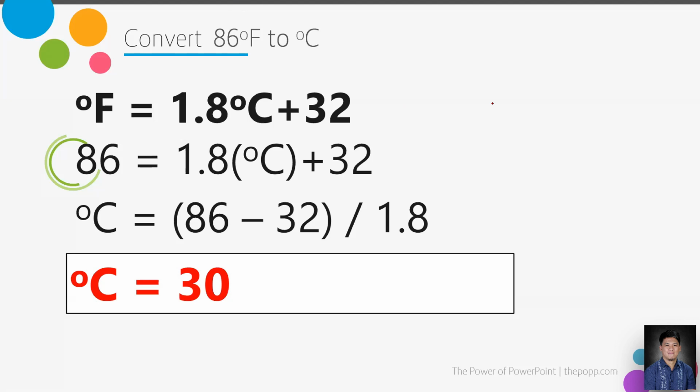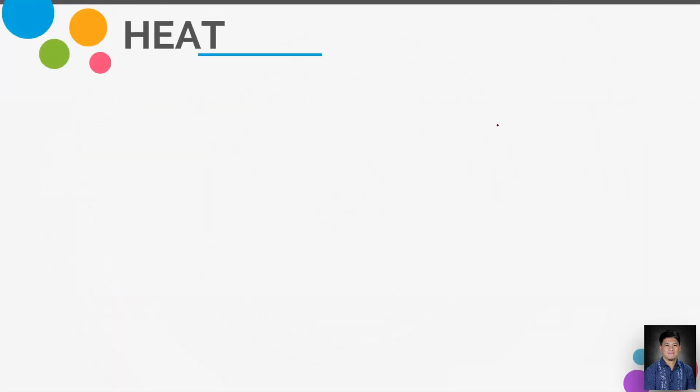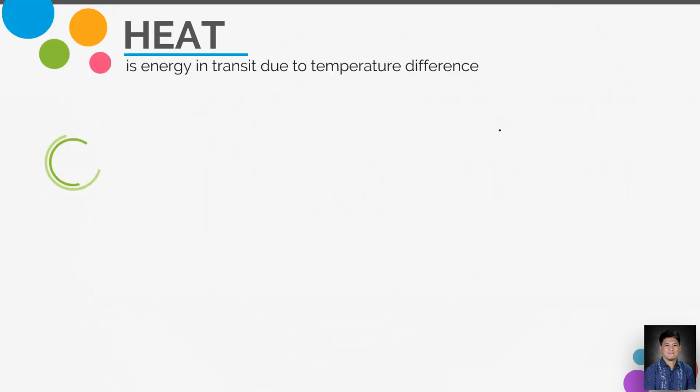Okay. So next, after temperature, we will talk also about heat. So if you can still remember, heat is the energy in transit due to temperature difference. Okay? So it is energy in transit due to temperature difference.